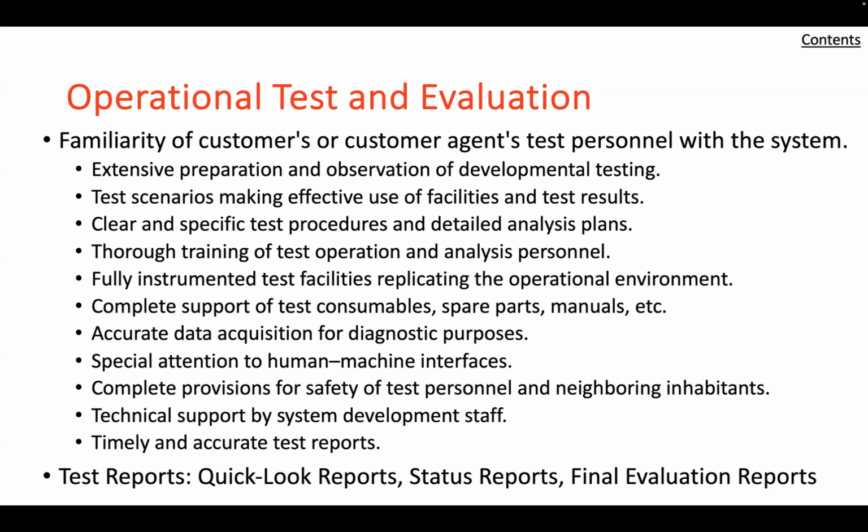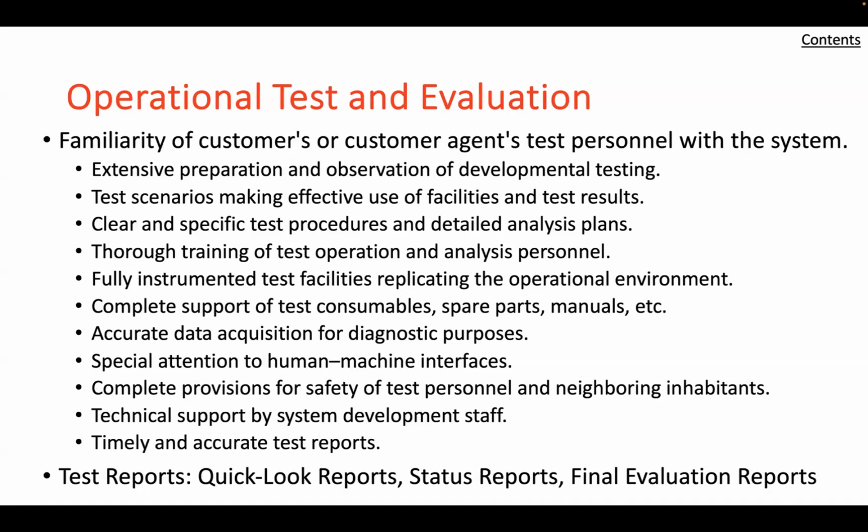There are status reports. These are periodic reports of specific significant test events. They are designed to keep the interested parties generally aware of the progress of the test program. There may be an interim report of the cumulative test findings at the conclusion of the test program, while the data analysis and final report are being completed.